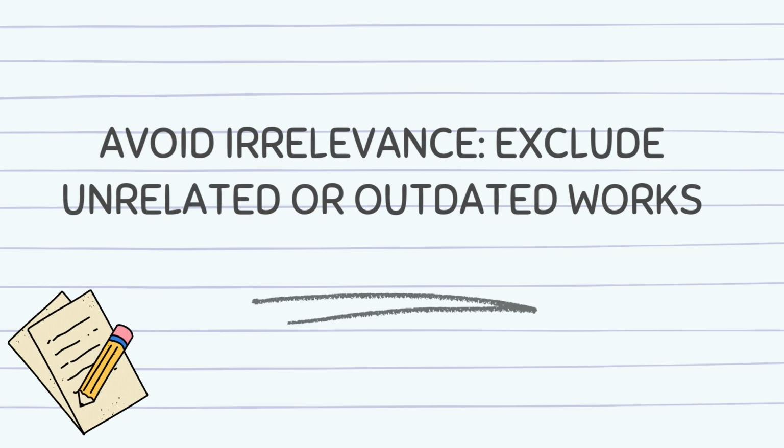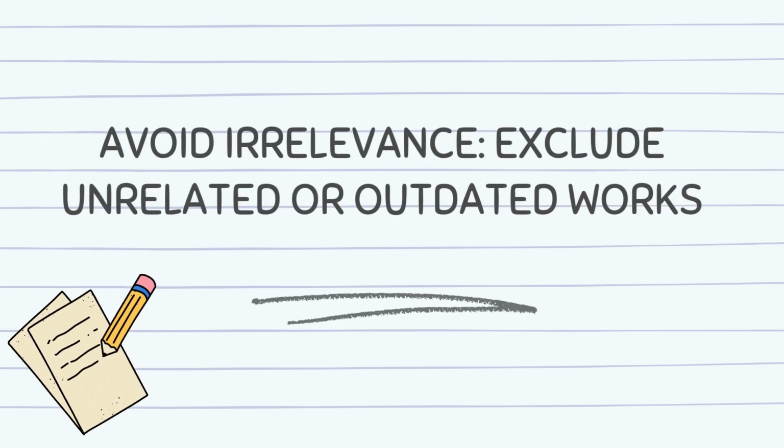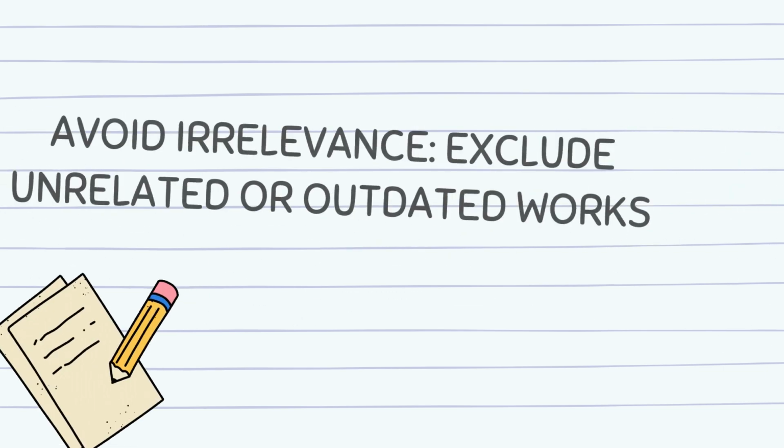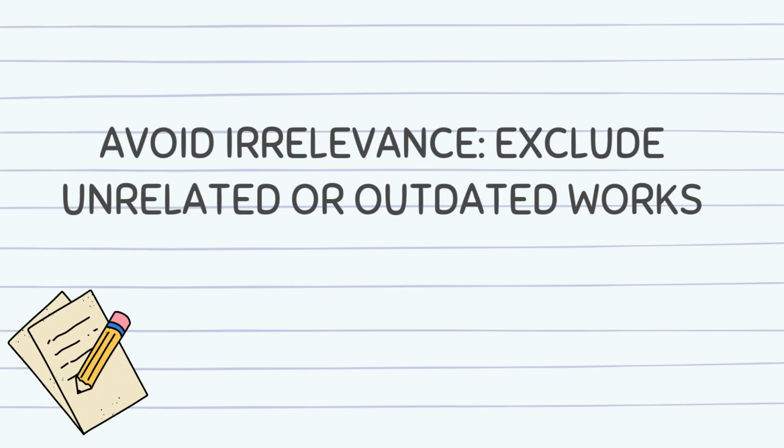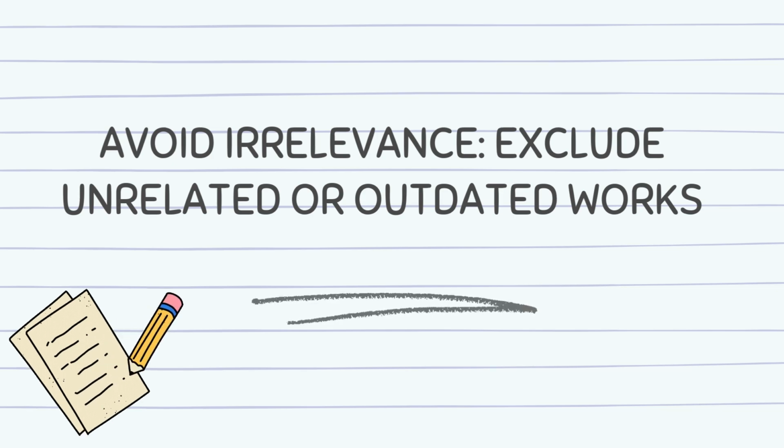Specify search terms that match research variables and objectives to avoid unrelated results. For example, instead of searching for student learning strategies, a more specific search like Impact of Digital Learning on Student Performance, 2015 to 2024, will yield more relevant studies.